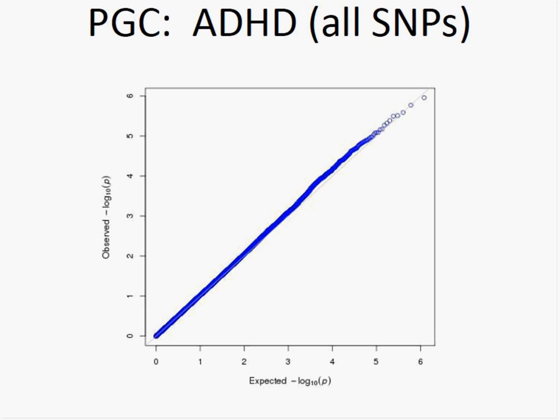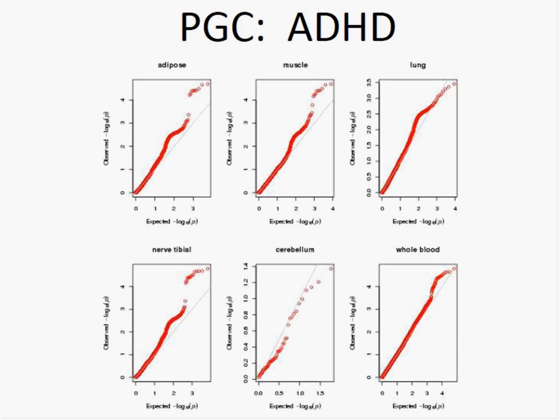And of course, in the Psychiatric Genetics Consortium, they've aggregated a lot of the existing available GWAS, so you're really seeing results of a meta-analysis over these phenotypes, so a much larger number of individuals, still pretty much on the null. But now we're going to pull that apart and look at this with just eQTLs from different tissues available in GTEx. So we have the adipose, muscle, lung, the nerve, tibia, cerebellum, and whole blood.